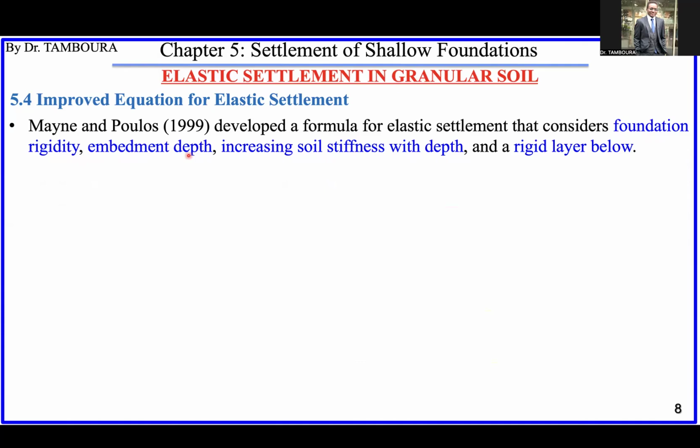The embedment depth is considered. The increase of soil stiffness, the modulus of elasticity of the soil, with depth, and the rigid layer below the foundation. So in this case, they did it for circular footing.